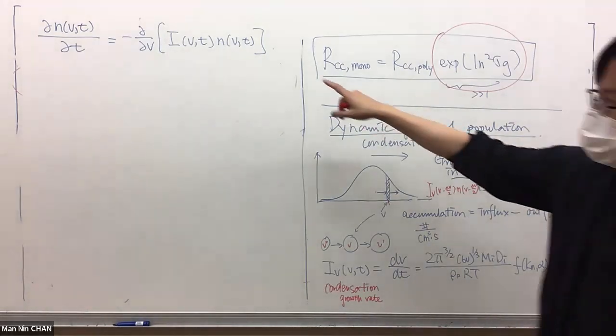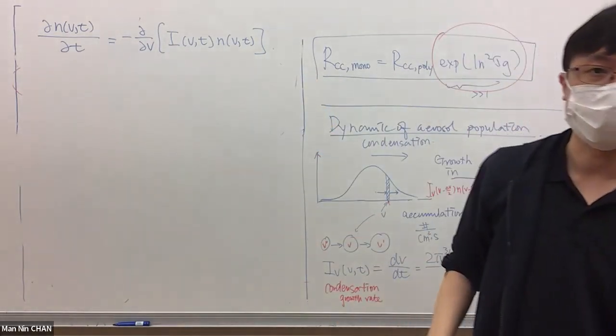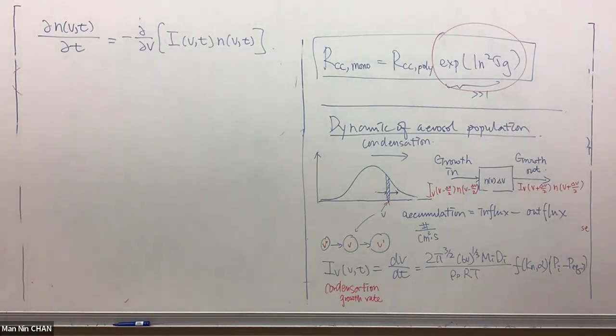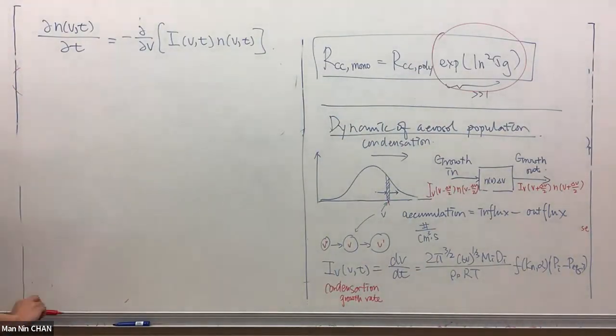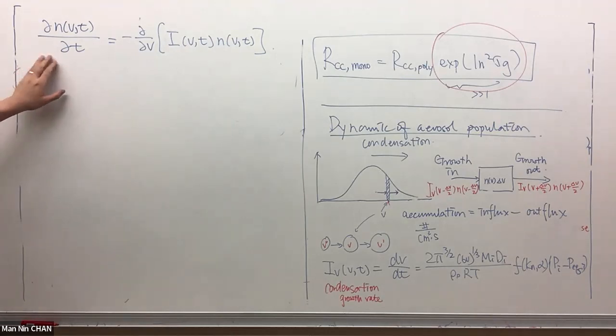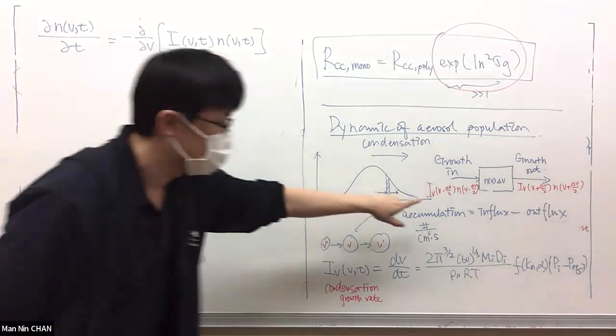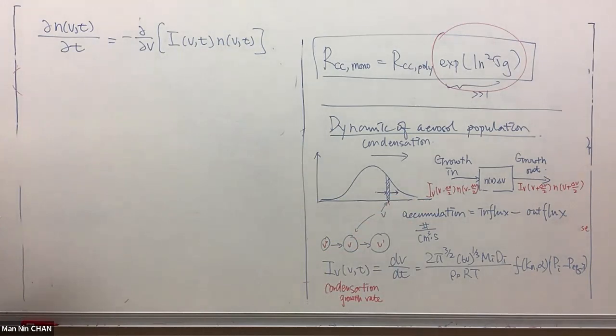Then you can come up with this equation if you take the limit of your volume and time tending to 0. Any questions so far? If you don't worry about this, I just try to use the notation of the steps following the textbook. But of course, most of the time we don't want to deal with the volume.